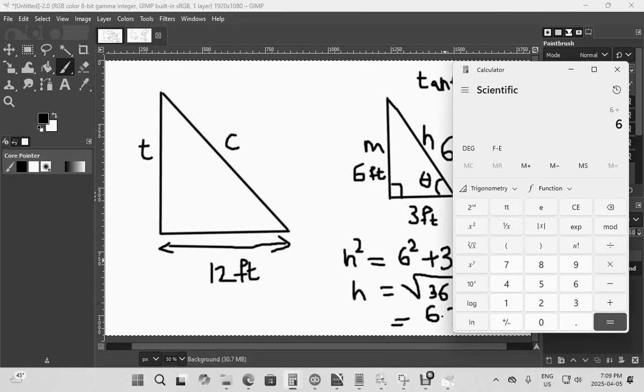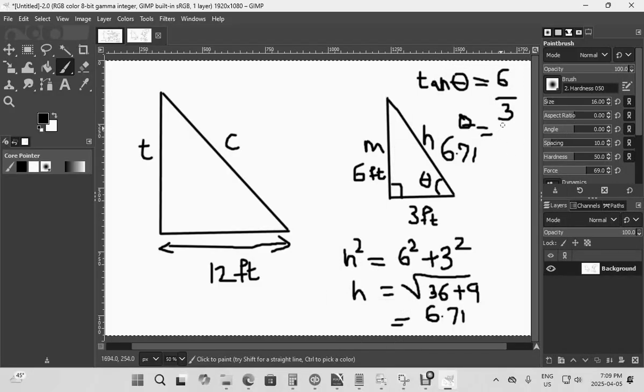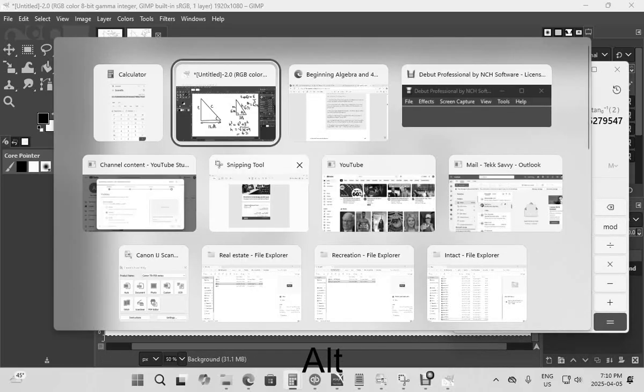This gives 63.43. So your theta is 63.4.